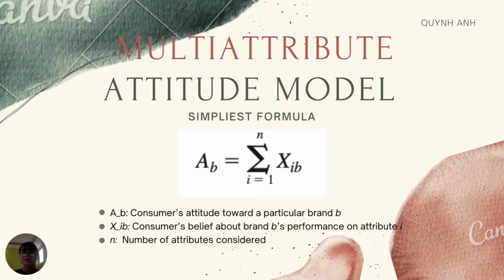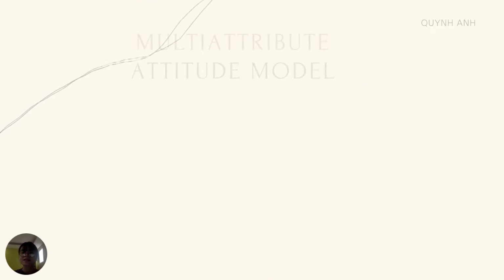And now let me talk about the measurement of cognitive components in consumer attitudes, called the multi-attribute model. The simplest formula for this model is that a consumer's attitude toward a particular brand B, denoted as AB, is equal to the sum of their beliefs about brand B's performance on attribute i.